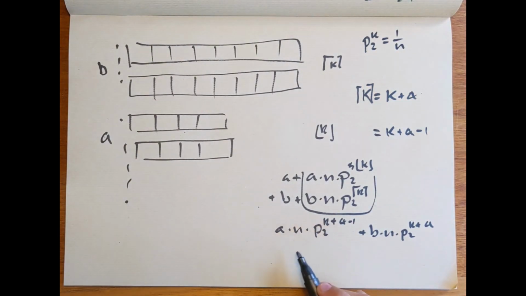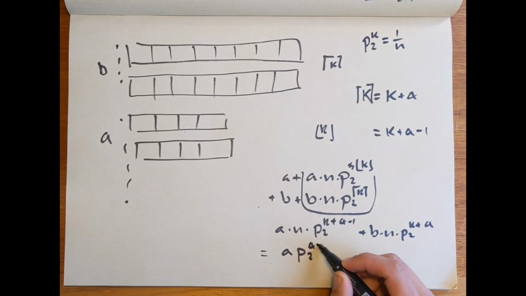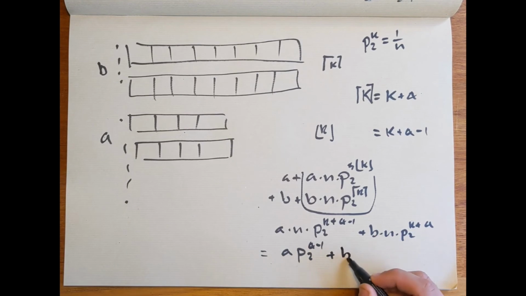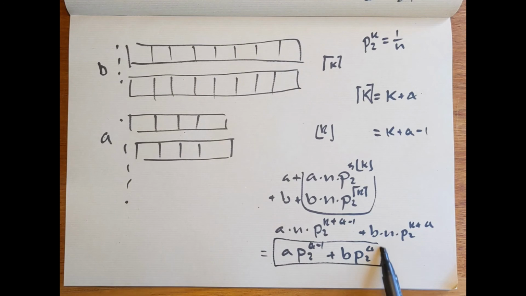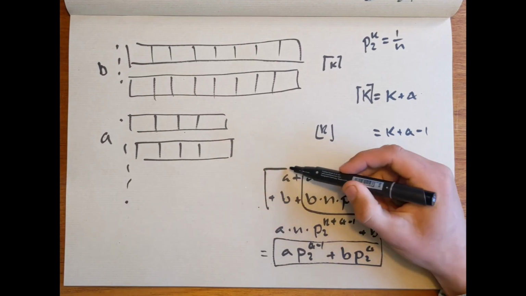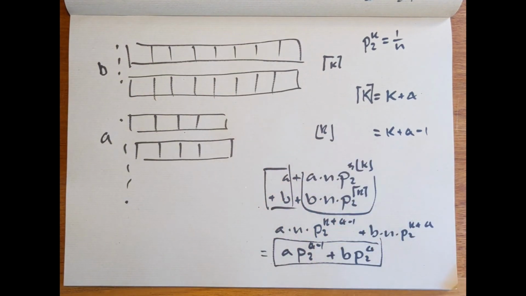So this is going to cancel, and we're going to have A p2 to the alpha minus 1 plus B p2 to the alpha. And if we use the same optimization idea as before, we would like this, which is the amount of work that we encounter from looking at collisions, to be equal to this, which is just the number of repetitions we have.